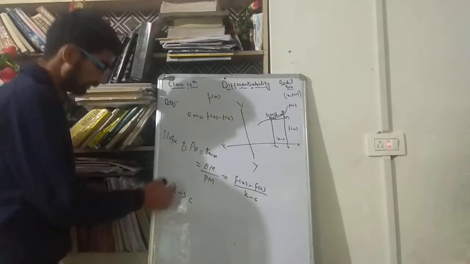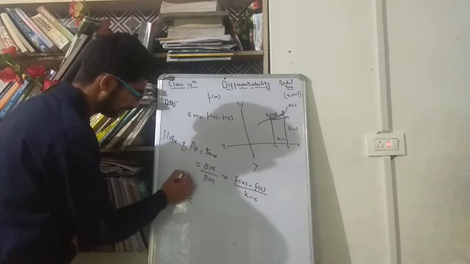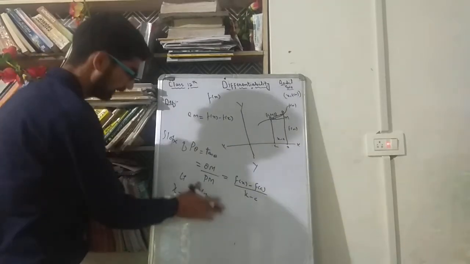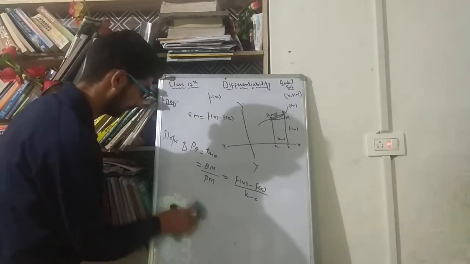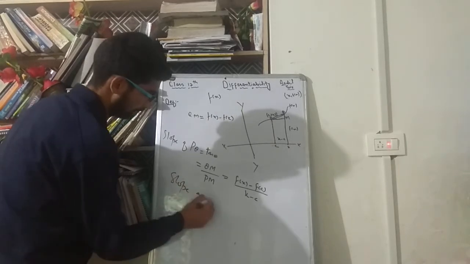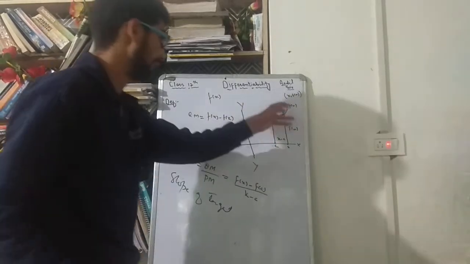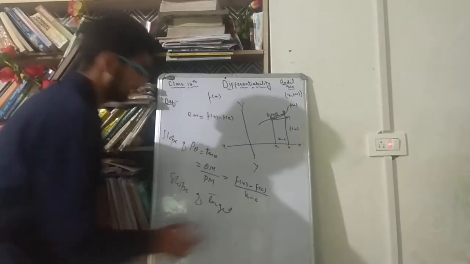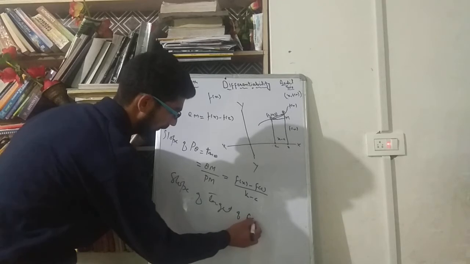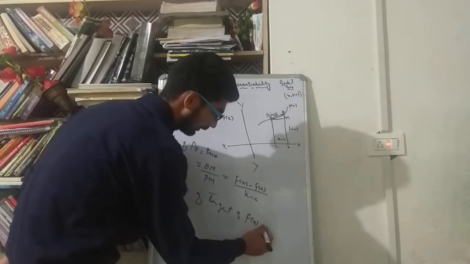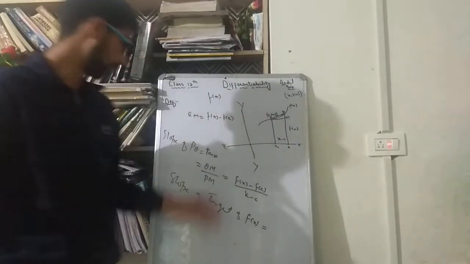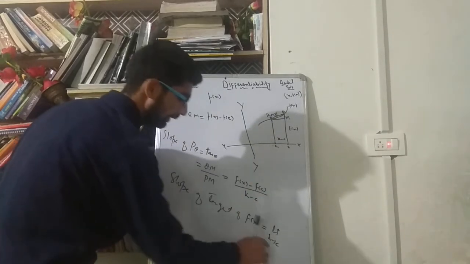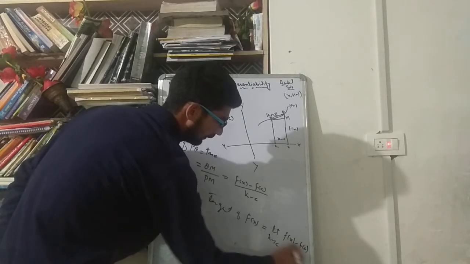So when x tends to c, the limit of the slope of PQ becomes the slope of the tangent, because when I take Q to P, PQ becomes the tangent of this curve. The slope of the tangent of f of x is equal to the limit as x tends to c of f of x minus f of c divided by x minus c.